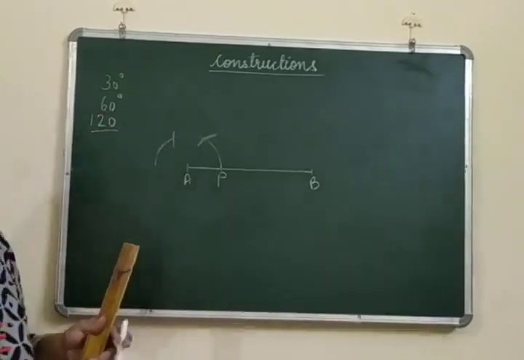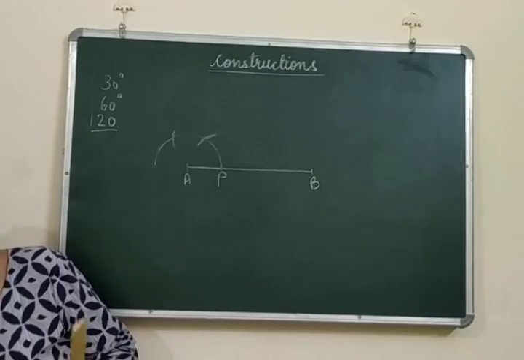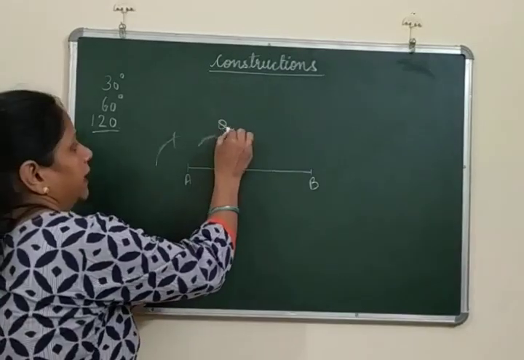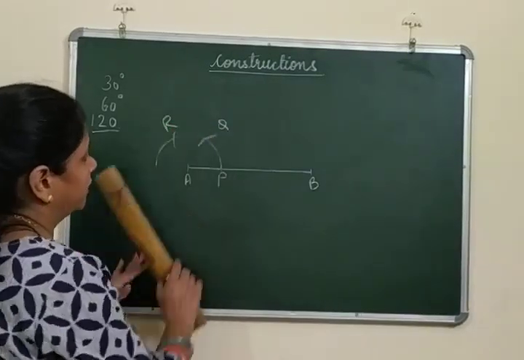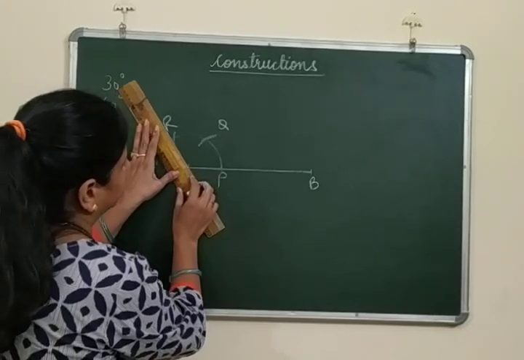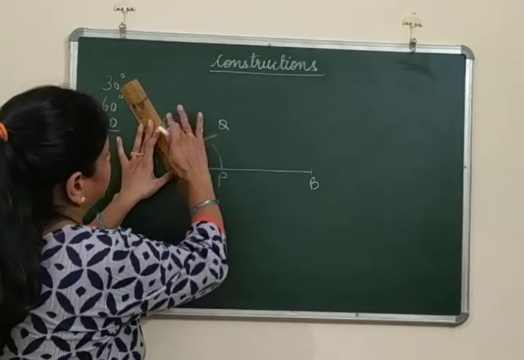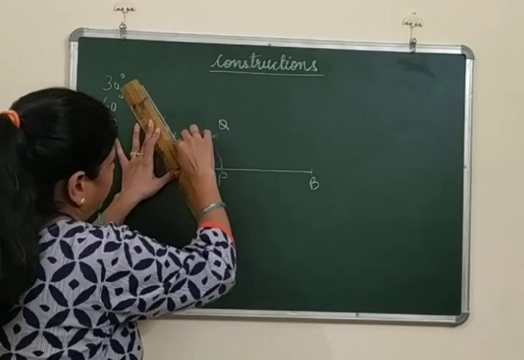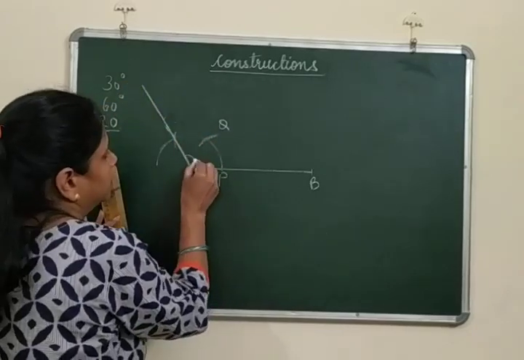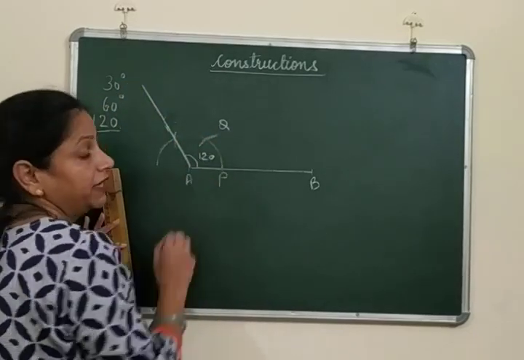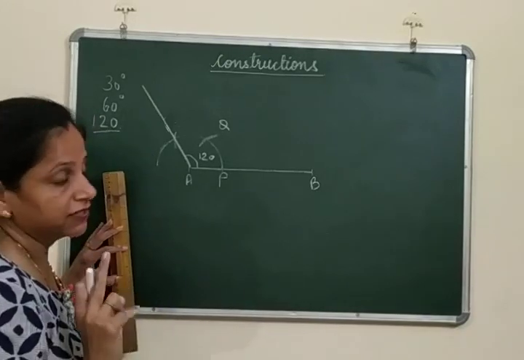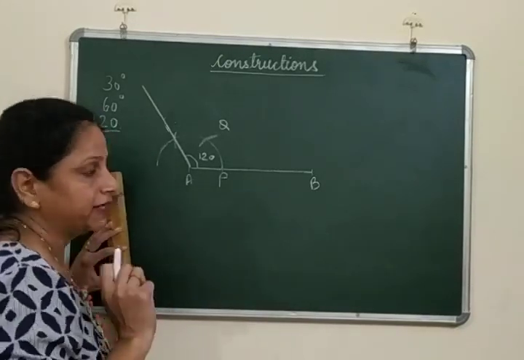Now these points are Q and R. If we join AR, this angle is 120 degree. See carefully, this angle is 120 degree.